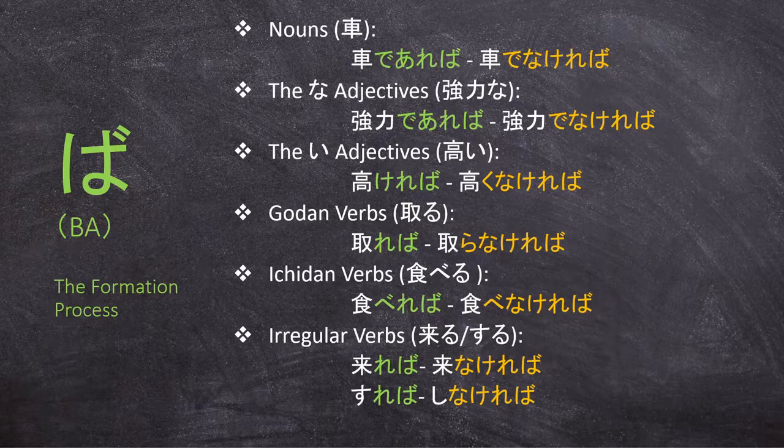However, if you need a negative condition, then you need to change the final i, to be more precise, to ku, and only then add nakereba. You will also notice here that the na adjectives and the nouns share absolutely the same suffixes, and this will help you to master the ba conditional more easily in their cases.